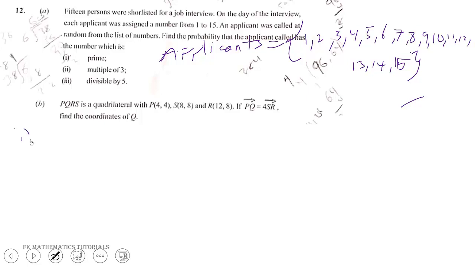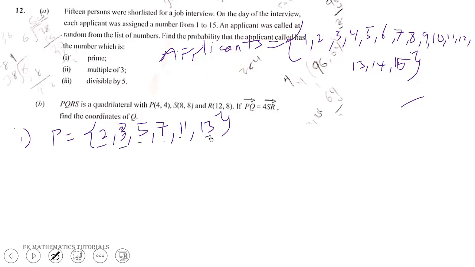So if the number is prime, then we have P equal prime numbers 2, 3, 5, 7, 11, 13. So these are the prime numbers. How many are there? We have 1, 2, 3, 4, 5, 6.